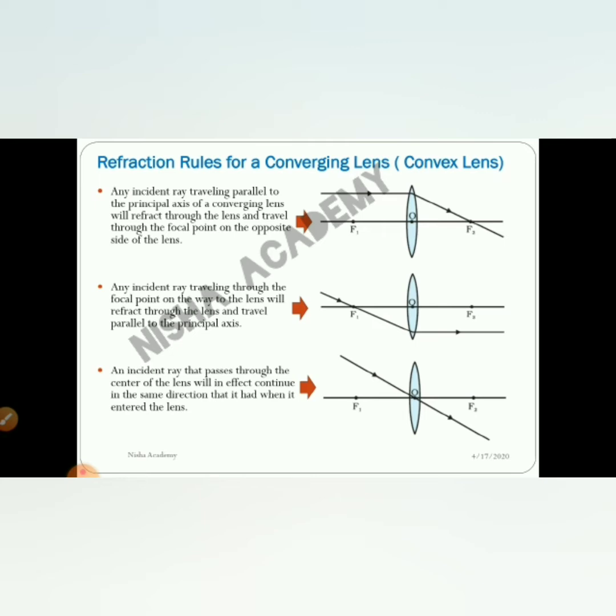So it passes in an exactly straight line. So this is how the light is refracted by the convex lens, which is a converging lens.